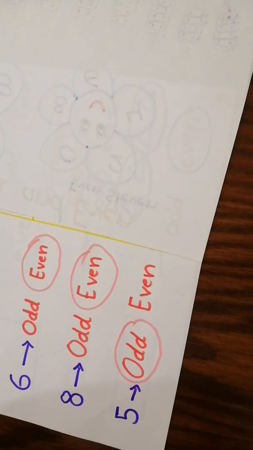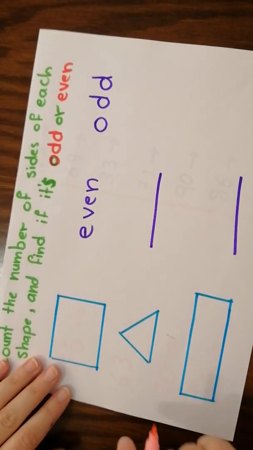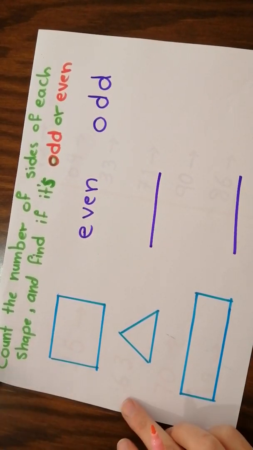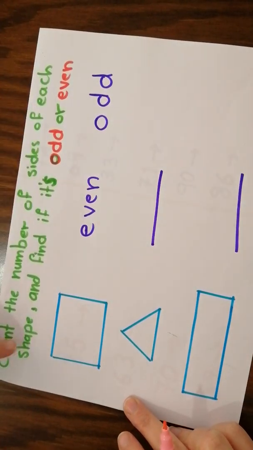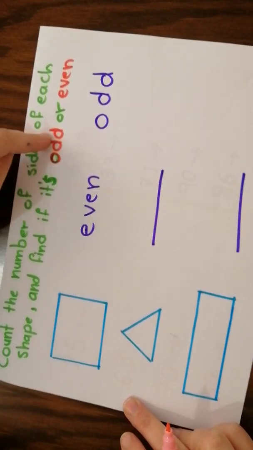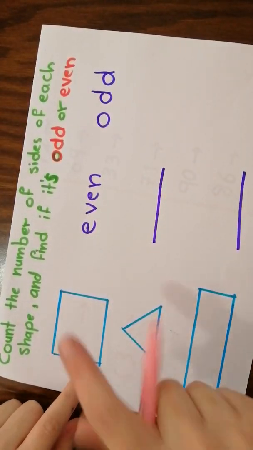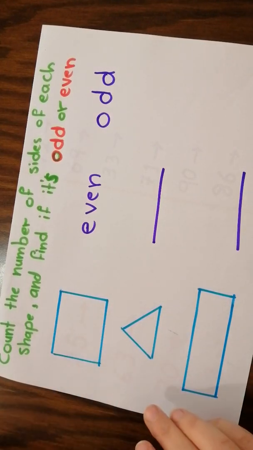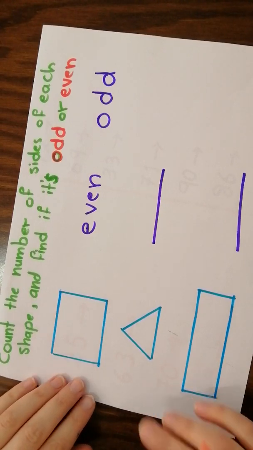Look at the following shapes. Count the number of sides of each shape and find if it's odd or even. So we need to find out the number of the sides and find out whether the number is odd or even.